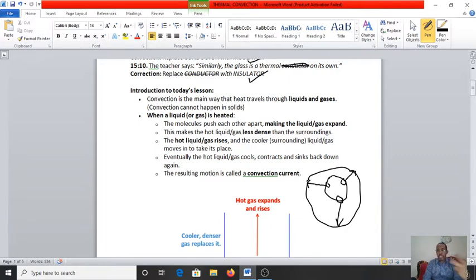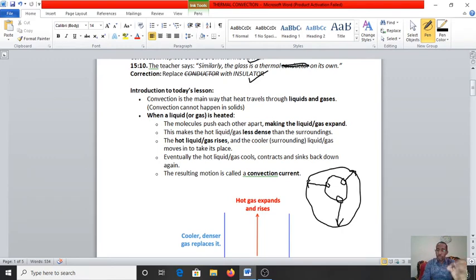So when you heat an object, as the molecules move apart, they occupy a bigger space. And this means that this object will expand. We call it thermal expansion.